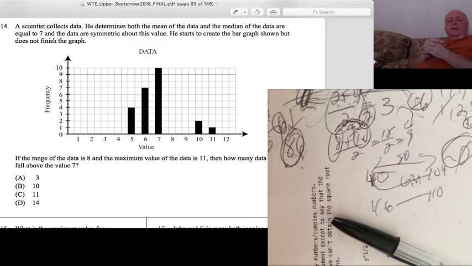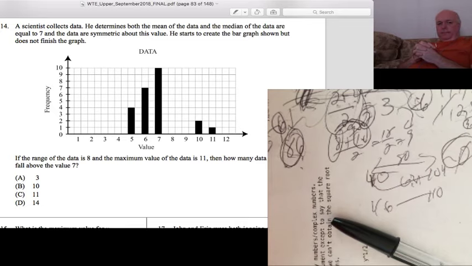So, it's data. Ta-da! So the values of the data go from 0 to 12, or at least that's what's showing here. In fact, it's showing that the value of the data is going from 5 to 11. Frequency, from 1 to 10. What does frequency mean? It means how many of a certain data there are. So in the case of 5, there are 4 of them.